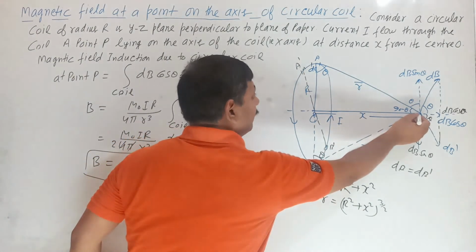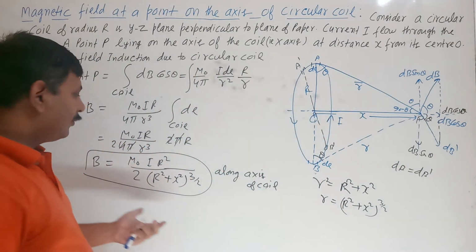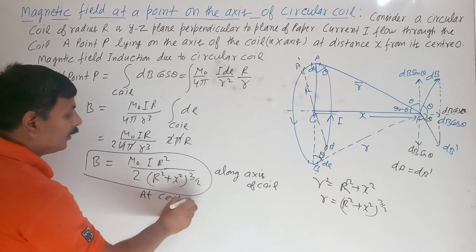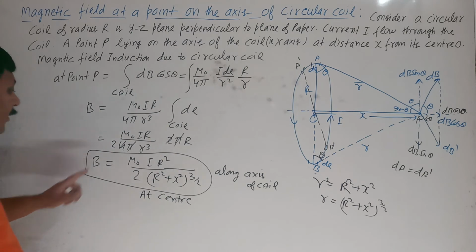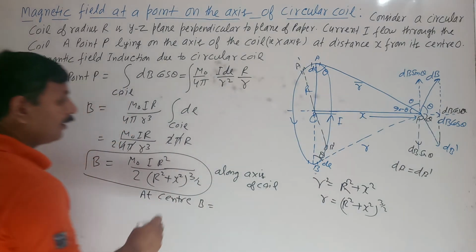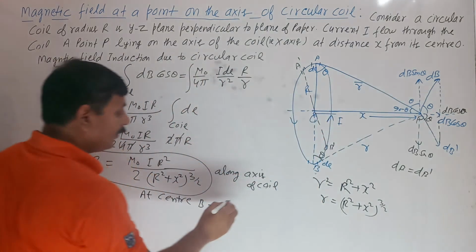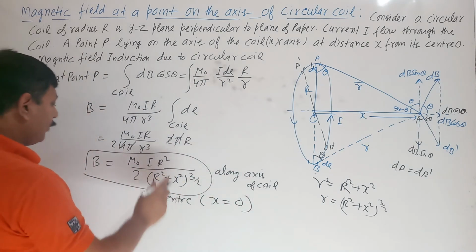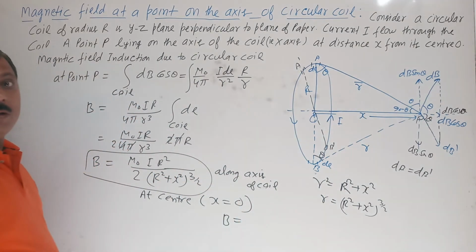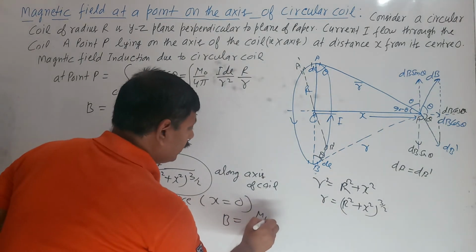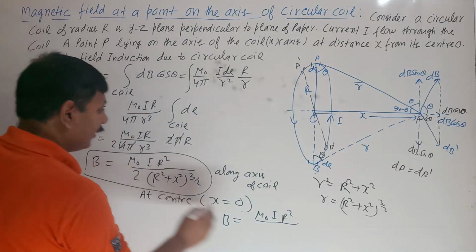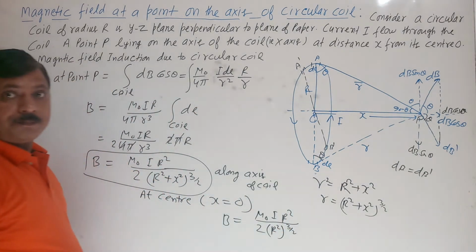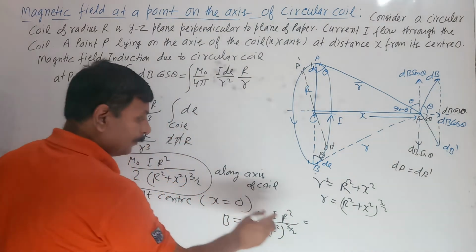Suppose I take point P as the center, so at the center also you can calculate. If point P lies at the center, what will be the magnetic field intensity at the center? Here x becomes 0. Putting x equal to 0, B is equal to mu naught I r square upon 2 into r square power 3 by 2, that is r cube.